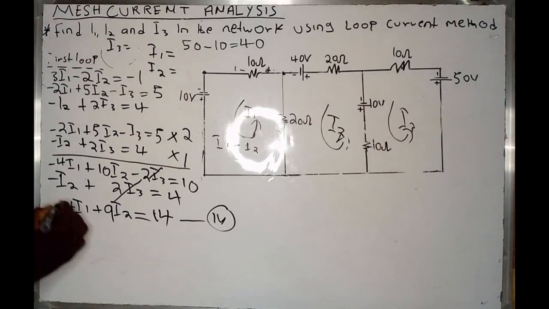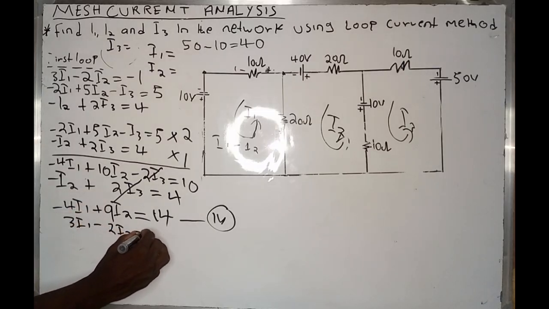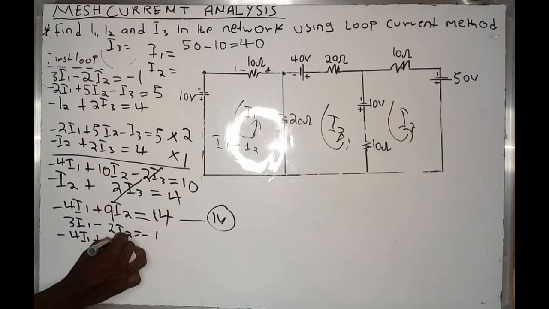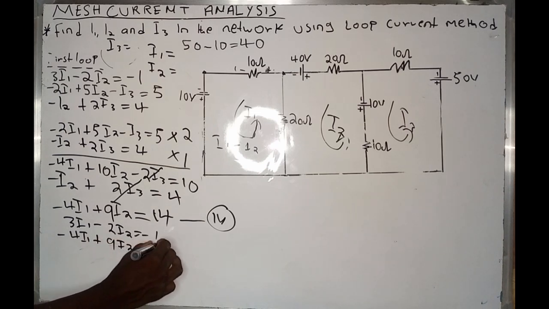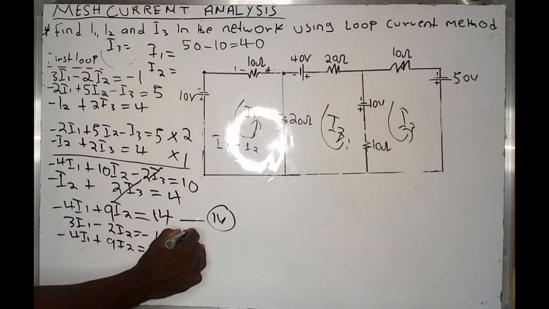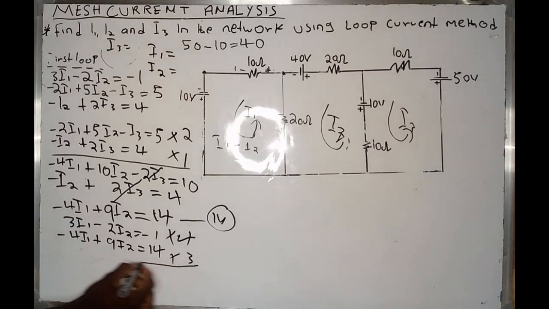So let me write the first equation: 3I1 minus 2I2, which is equal to minus 1, and minus 4I1 plus 9I2, which is equal to 14. So I have to eliminate I1 in order to find the value of I2. So I have to multiply by 4 and also multiply by 3. So let's have the solution of this.